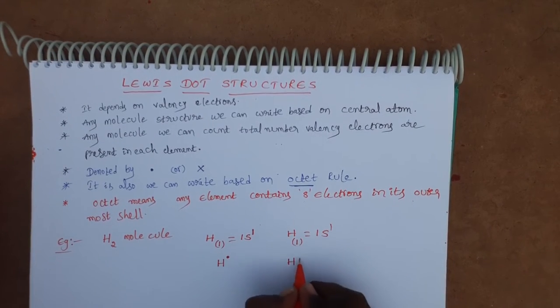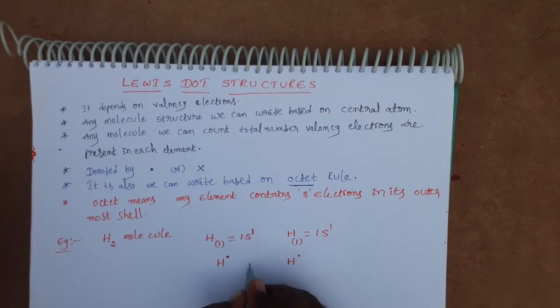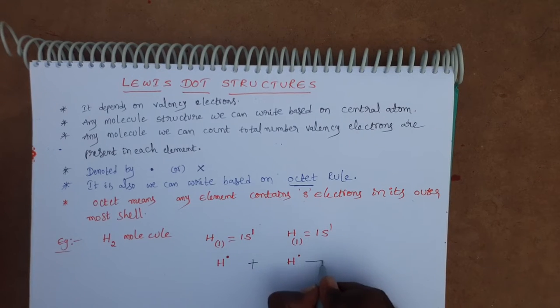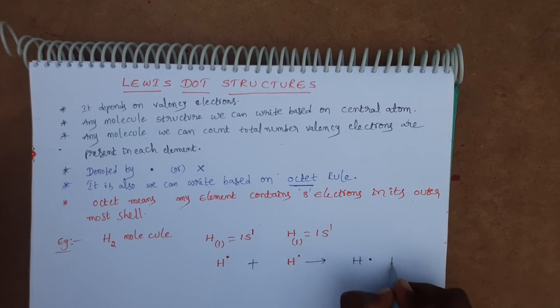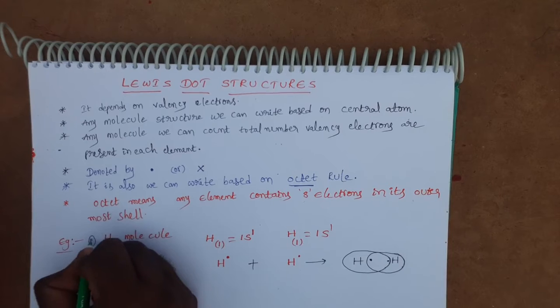Here also H dot. These two are combined, and here we write H2 dots. This is the Lewis dot structure for the H2 molecule. This is the first example.